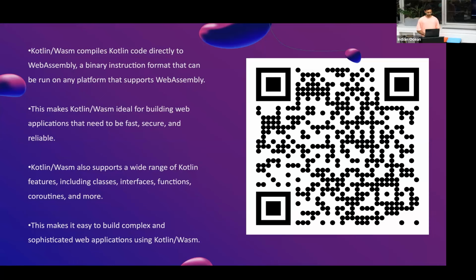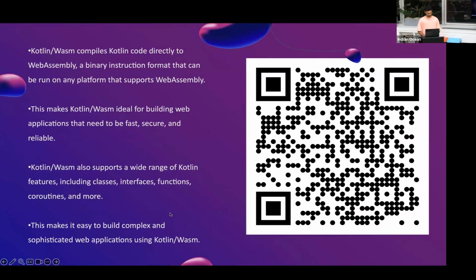But let's move ahead. Kotlin WASM also supports a range of features such as classes, interfaces, functions, coroutines, and more. Anything you have done in Kotlin, and if you love architecture principles, using your classes, live data, any data object, you can do the same thing in WASM. You would be surprised that you are not actually writing web-based code, but it feels the same as developing Android.